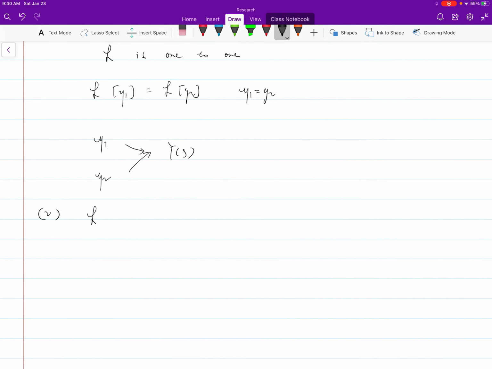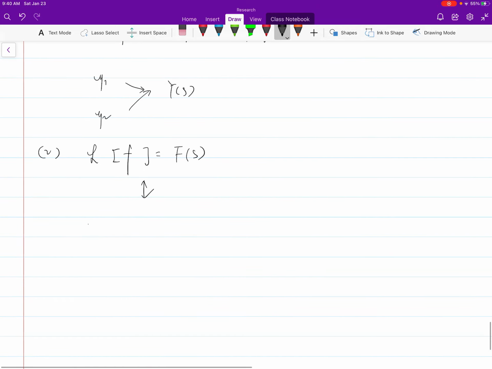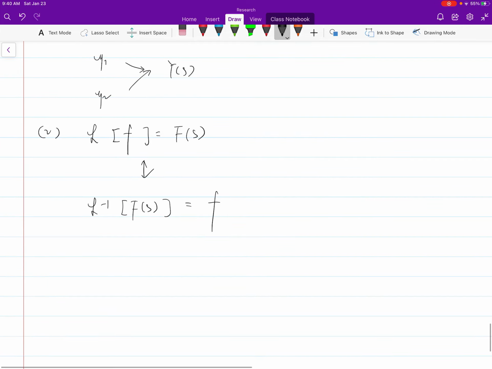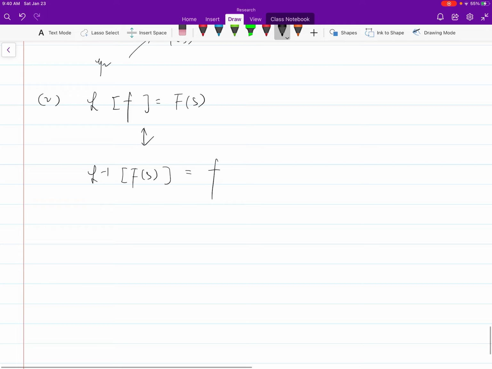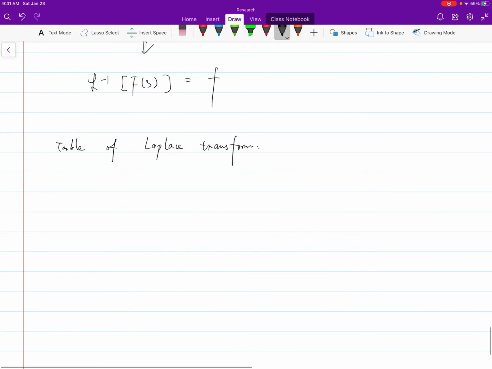Second, then you can just do the definition. LF equals Fs is the same as saying L inverse Fs equals F. In other words, if you take the Laplace transform, you got something, and then if you see this thing, you can backtrack the Laplace transform, which means you can take the table from what we had before and use it backwards.